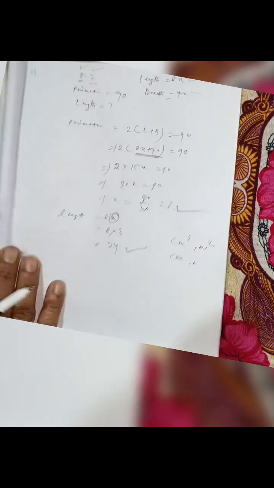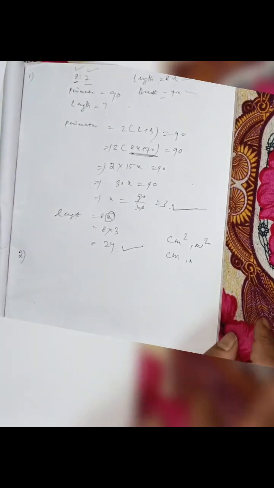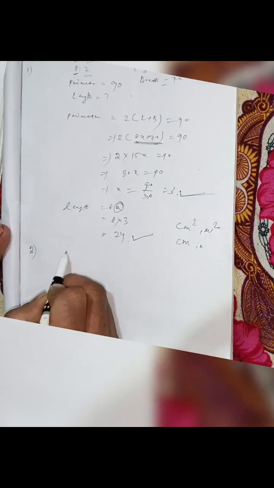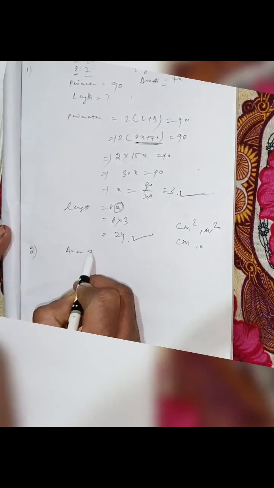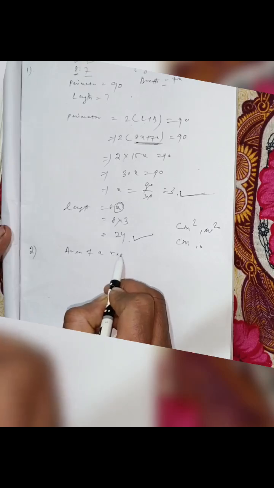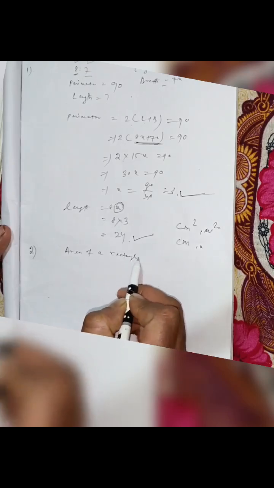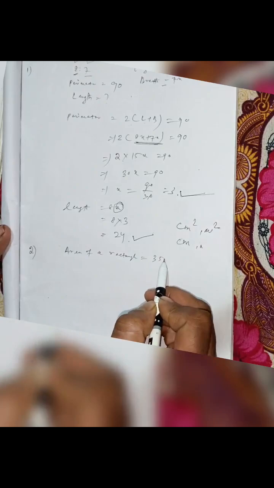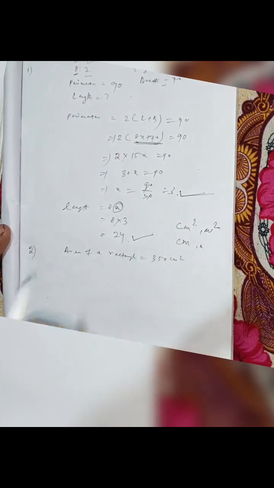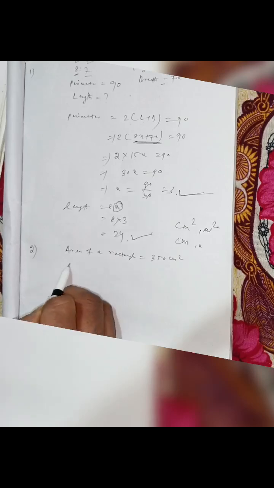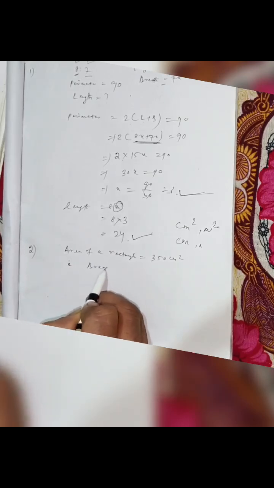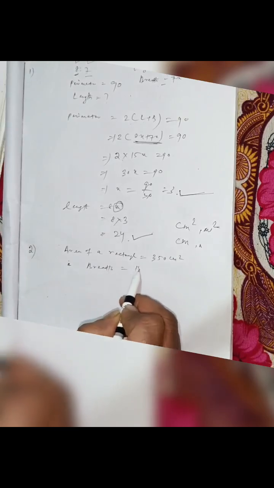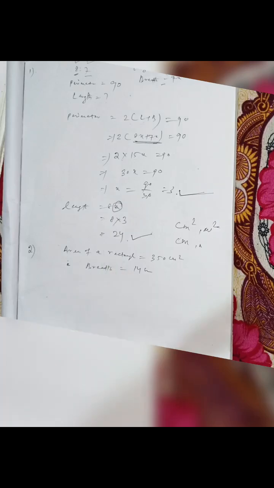A question is given to you that the area of a rectangle is 350 centimeter square. Your breadth is given, that is 14 centimeter. You have to calculate its perimeter.